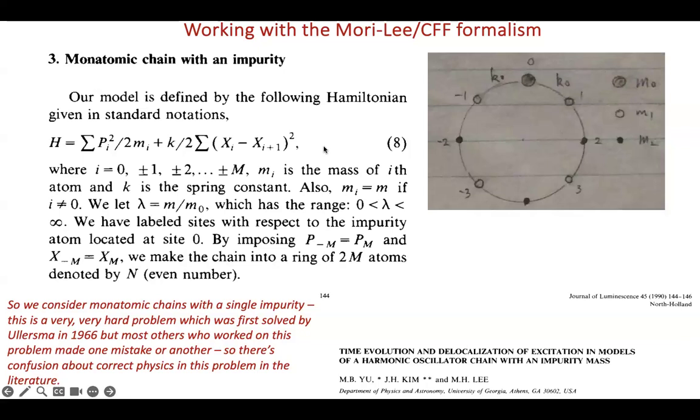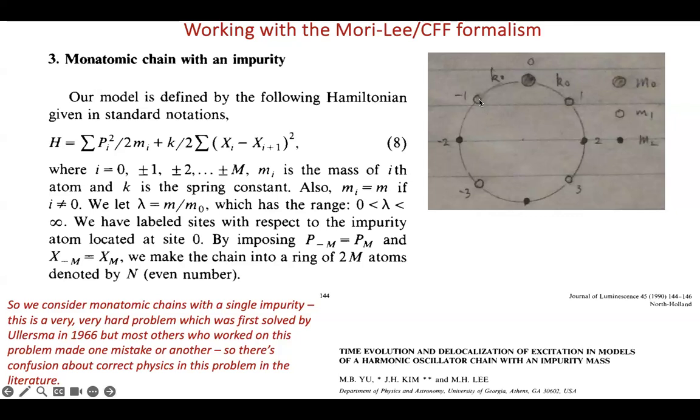So let's go back to our Hamiltonian. This is our Hamiltonian. And in this system, the way it is set up, you can see that the mass is not homogeneous. The mass has an M_i. So the most general system that I know that has been really studied in great detail in terms of exact solutions is a system where you have an impurity at O here, and otherwise it is a diatomic system.